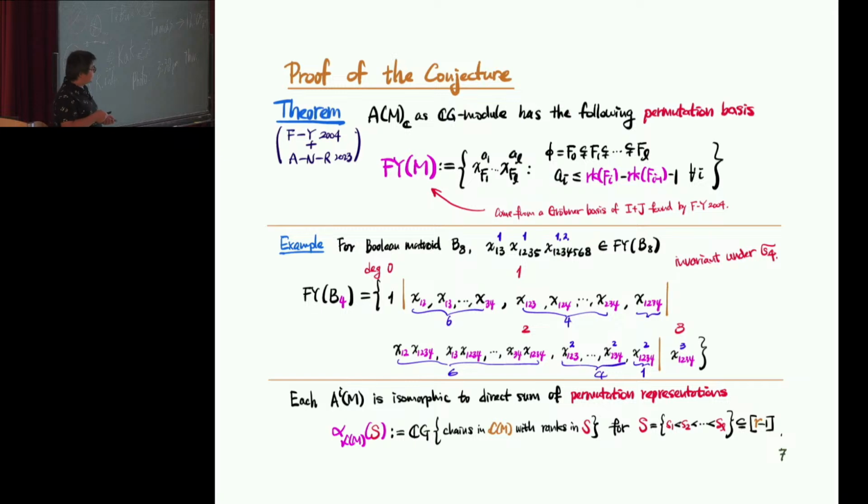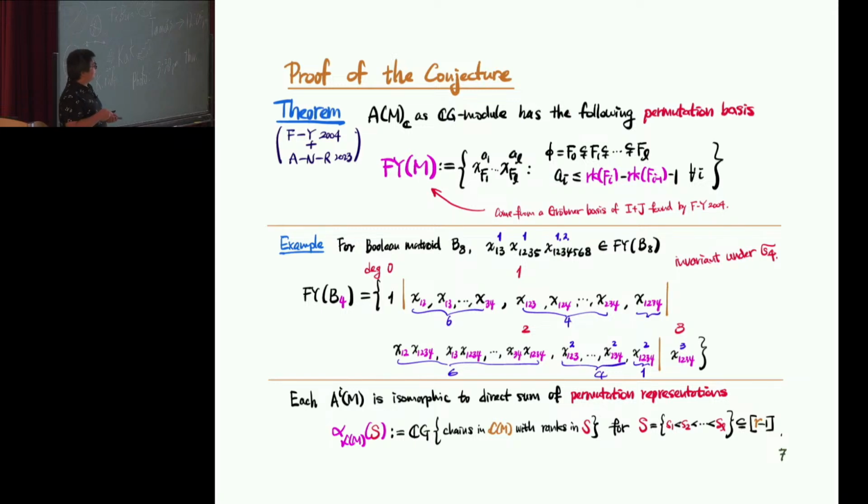Feichtner and Yuzvinsky show that this Chow ring has a basis coming from a Gröbner basis of the ideal I plus J. And in the literature, in some special cases of matroids, people noticed that these bases are permutation bases. But I think Angarone, Nathanson, and Reiner are the first to explicitly write out that, in general, this is always a permutation basis for any matroid and for any automorphism group action.